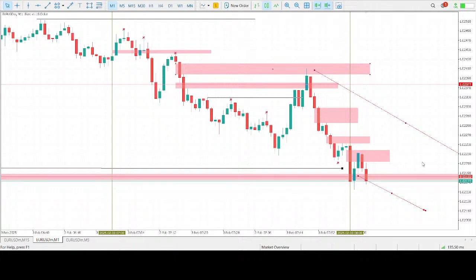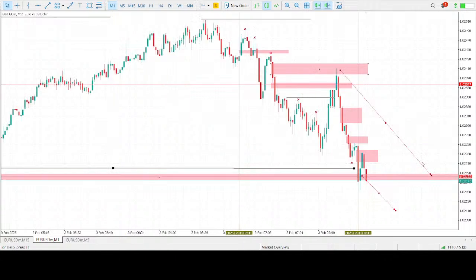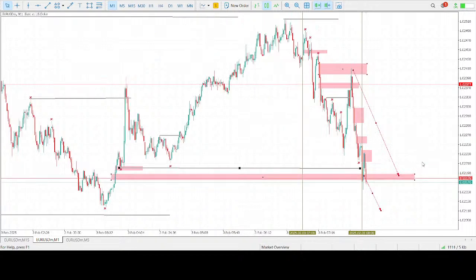The fair value gap seems to be holding up quite a lot, so we'll try to monitor price towards the downside.